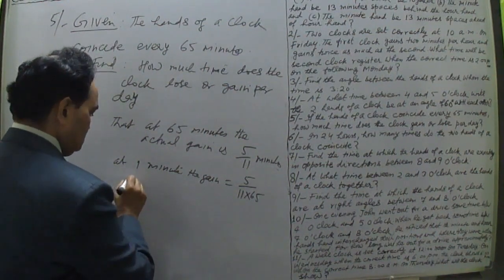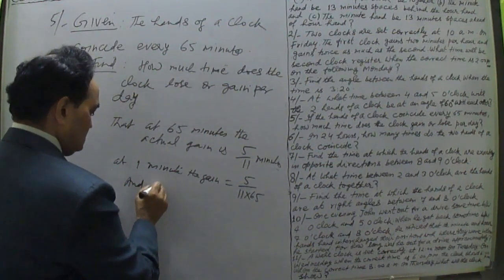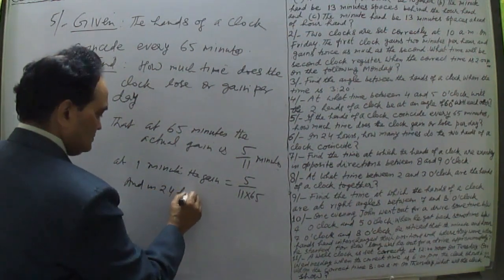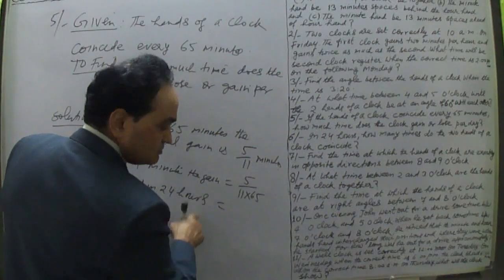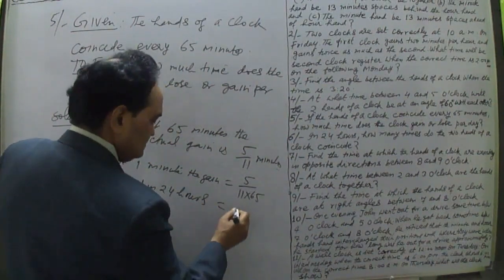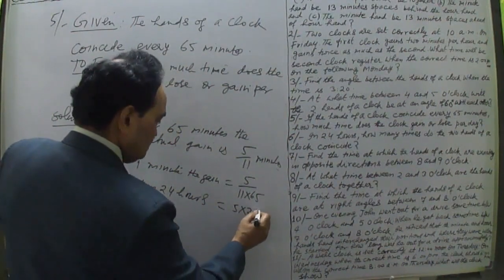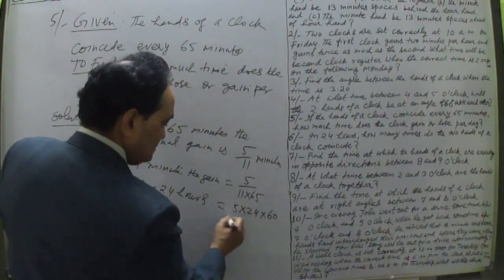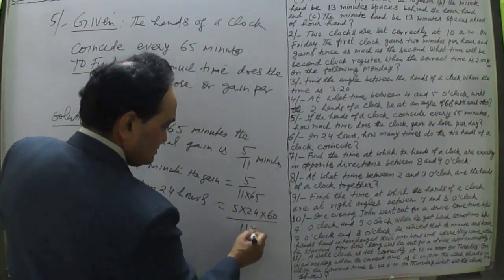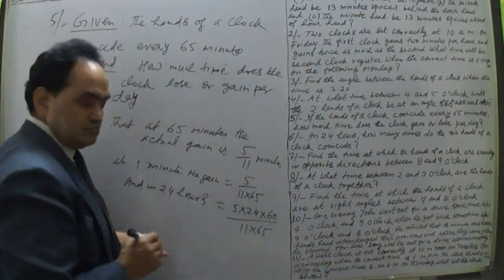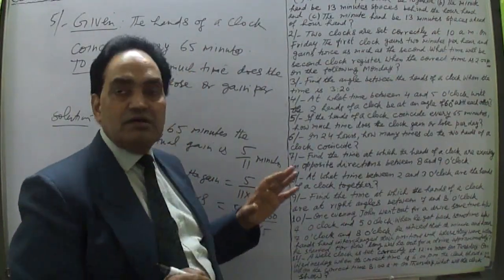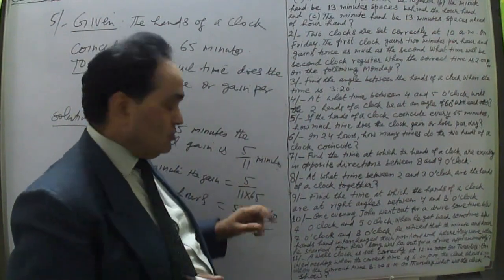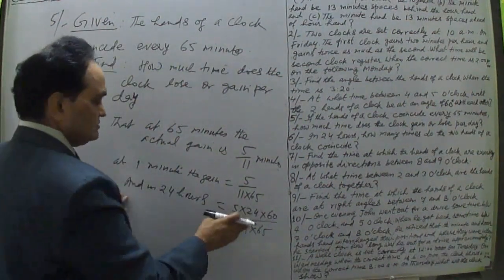So in 24 hours, we have to convert 24 hours into minutes, so we multiply this by 60. So 5 into 24 into 60 in minutes, upon 11 into 65. This is the actual value, which is the gain in 24 hours or in 1 day. So per day, this is the gain.